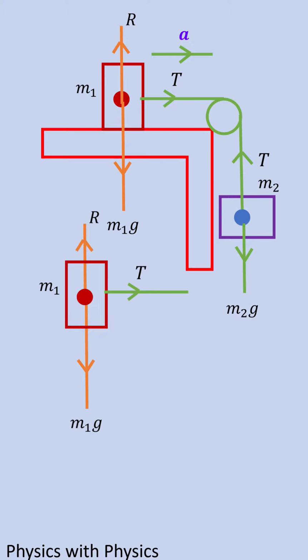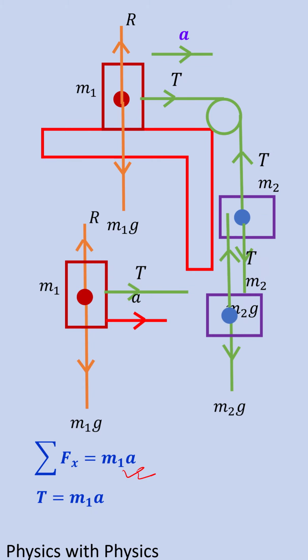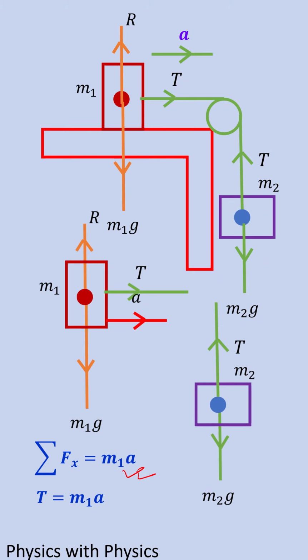Okay, this is the tension in the string. The tension always acts away from the body. Acceleration is rightward. Now the free body diagram of m1. Summation of Fx equals m1a, and that's why T equals m1a. Now for m2, the direction of acceleration is downward.